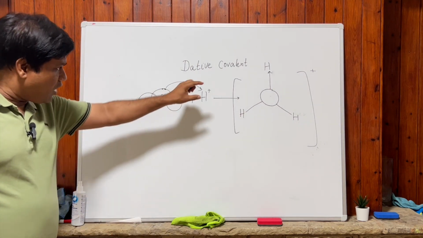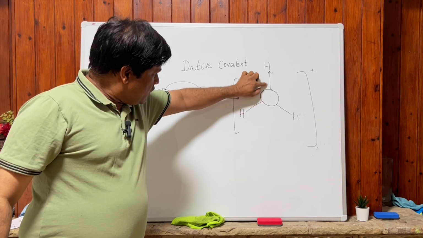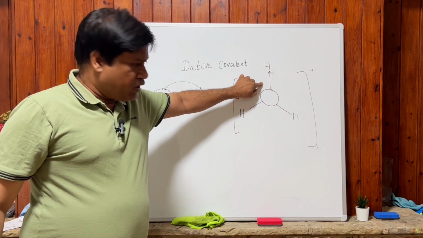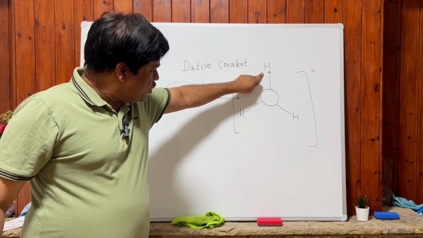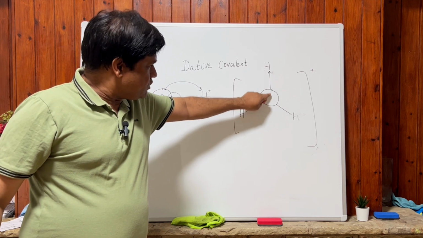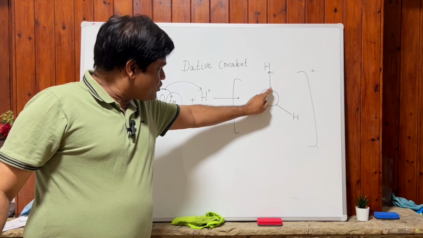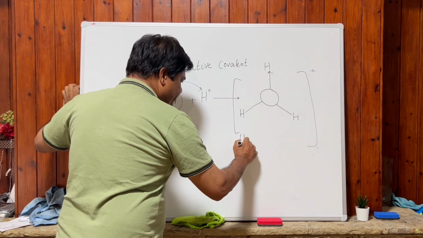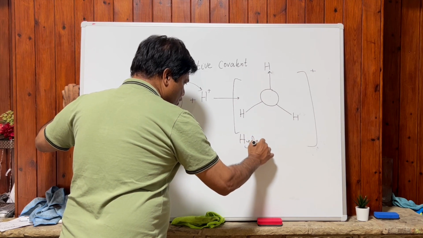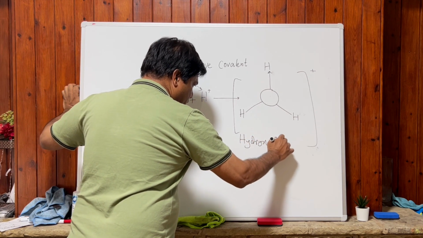So this arrow represents a dative bond, and the head shows a pair of electrons donated by oxygen. That's the direction, oxygen to hydrogen. What's the name of this ion? Hydronium ion.